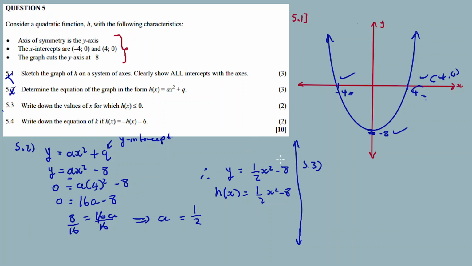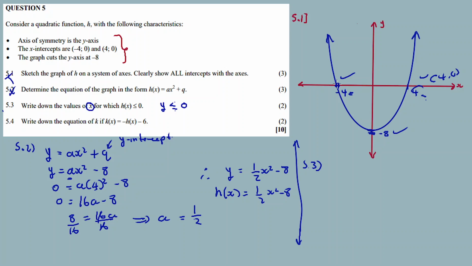So we want the part of the graph where h of x is less than or equal to 0. In other words, we want where y is less than or equal to 0. We want these x values that will make y less than or equal to 0.